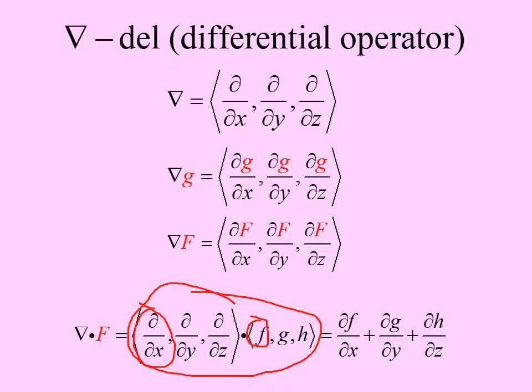But we are putting those together, and as you can see, it comes out to be the partial derivative of f with respect to x. Now, if all of this looks familiar, that's because I just had it on the screen a minute ago, and we're going to take a look at it again here in just a moment.